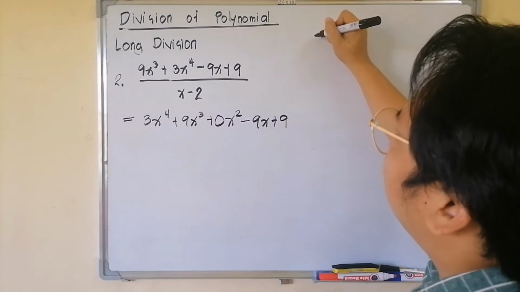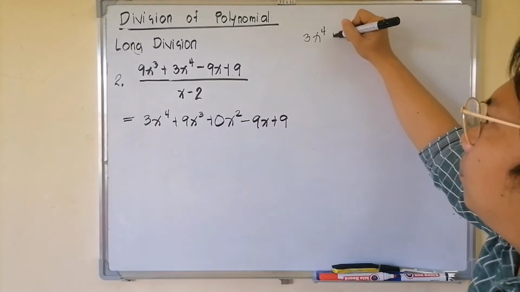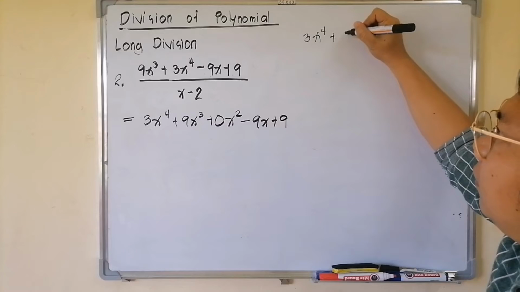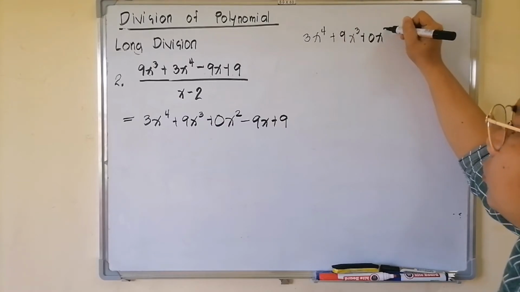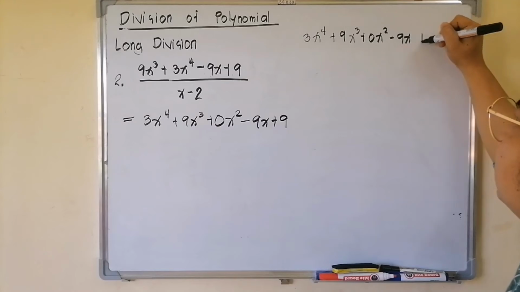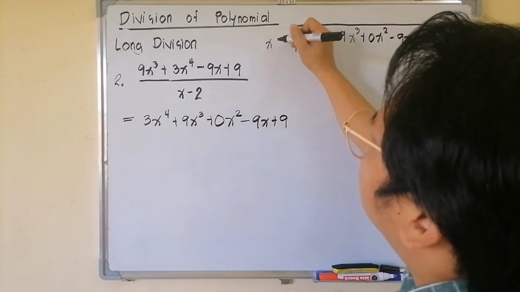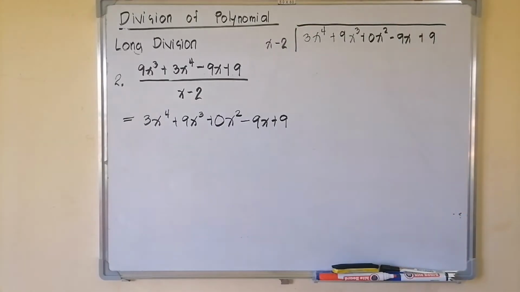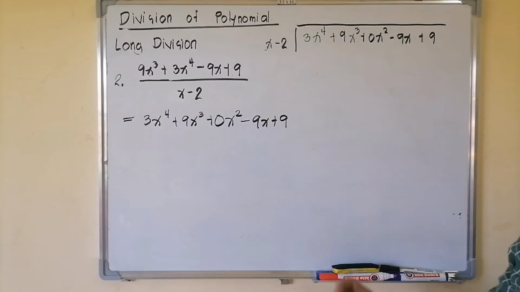Again, we'll copy this one: 3x to the 4th plus 9x cubed plus 0x squared minus 9x plus 9, divided by our divisor, x minus 2. Same thing, divide the first term of your dividend by the first term of your divisor.